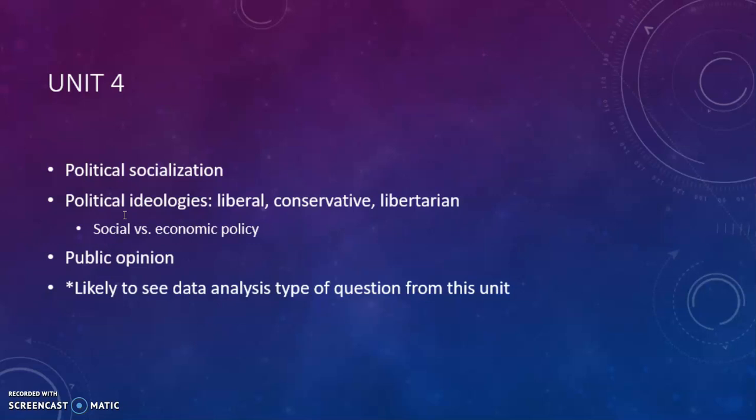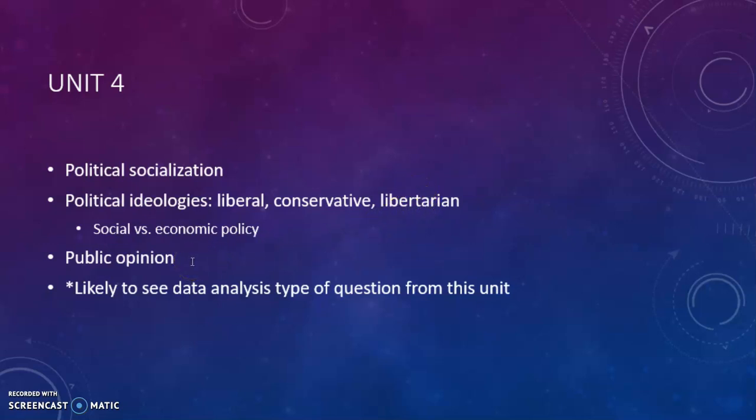Wade, and tend to be okay, more than liberals, with government intervention on social issues. And libertarians, for the most part, are really saying government stay out of my life in terms of social and economic policy as much as possible. So keep in mind that liberals tend to align with Democrats, conservatives tend to align with Republicans, and libertarians also tend to align with Republicans, but they probably would not like that label.